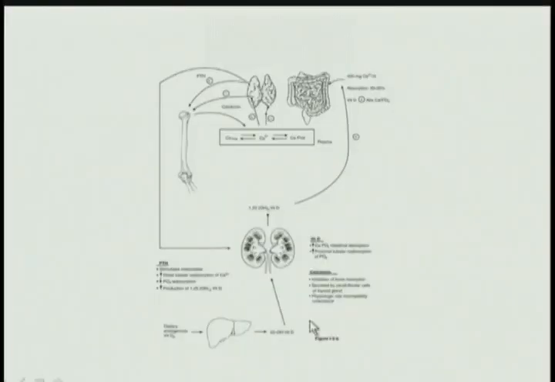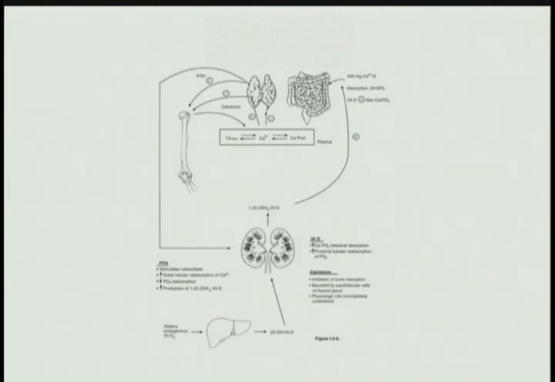The only interesting thing that it does that's different from parathyroid hormone, and this is very important clinically because we're going to touch on this a little bit later, if you look right here, the effects of vitamin D, at this spot right here, what it does is it increases proximal tubular reabsorption of phosphate.